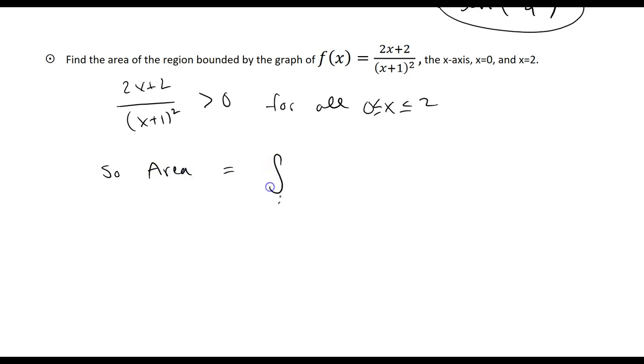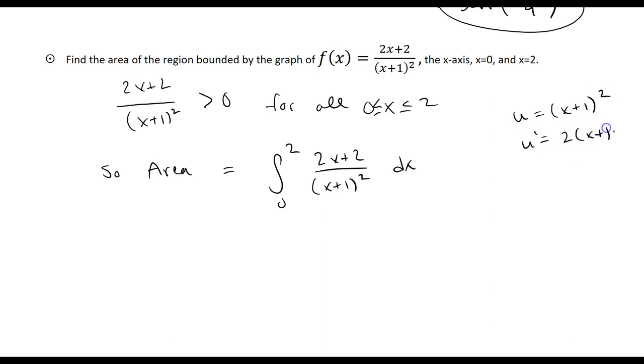is going to be the integral from 0 to 2 of 2x plus 2 over x plus 1 squared with respect to x. So u here is going to be x plus 1 squared, which means u prime would be 2 times x plus 1 to the first power times 1, or conveniently 2x plus 2.